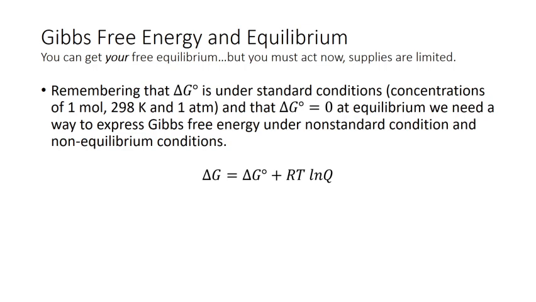But you might be saying, but that's not equilibrium. That's just under non-equilibrium conditions. I thought we were going to talk about equilibrium. And so I say, okay, well, we have one here where the value of delta G is going to be 0 when things are at equilibrium.